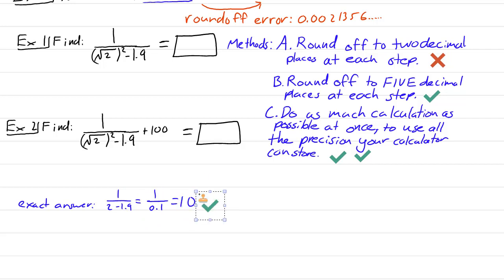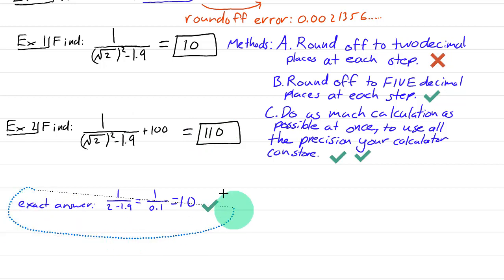So 10 is the exact answer without using a calculator at all. So that's what we should get. And then example 2 is the same thing but with a plus 100, so this should give you 110. Okay, so that's the exact answer.